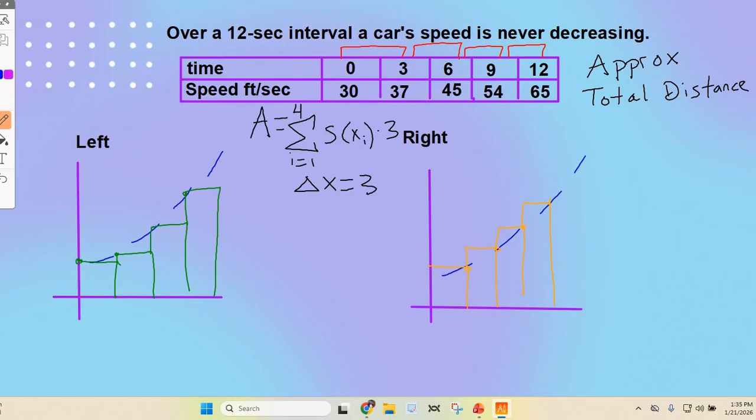Once I've figured out what stuff I need, it's pretty straightforward to calculate from there. So again, I'm looking at a left. So my area is going to be approximately, if all of them are being multiplied by 3 and I'm adding them all together, what can I do?